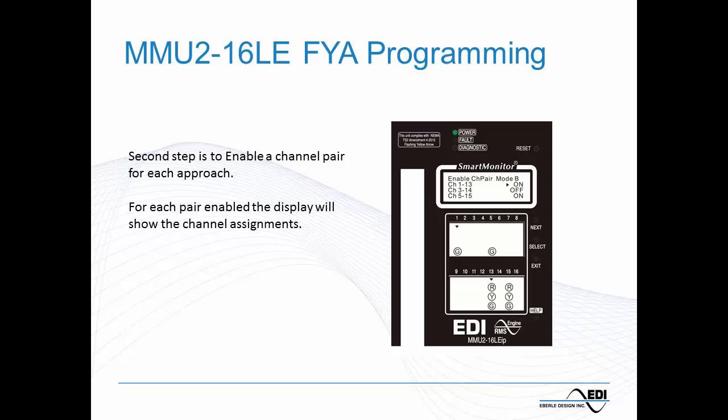So we've selected channel pairs 1 and 13 to be on and 5 and 15 to be on. So you can see once we've made that enable selection, the other icons turn off. So now we've told the monitor what configuration mode to be in and which channel pairs from 1 to 4 to enable for flashing yellow arrow operation.